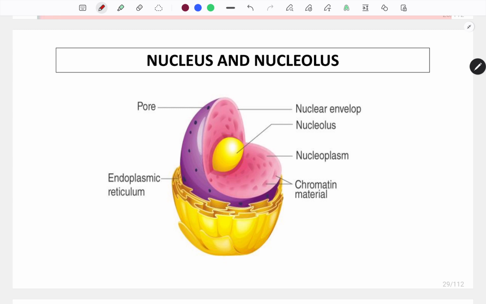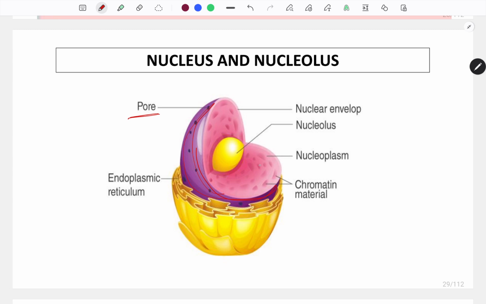Okay, this is how the nucleus will look. These black spots you are seeing are pores which are present in the nuclear membrane. This purple color is the nuclear membrane.